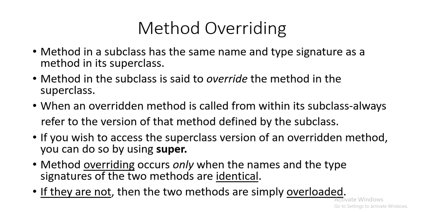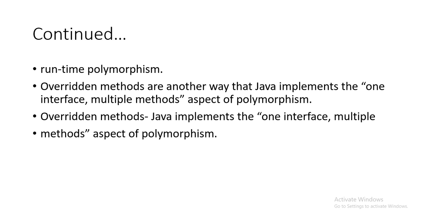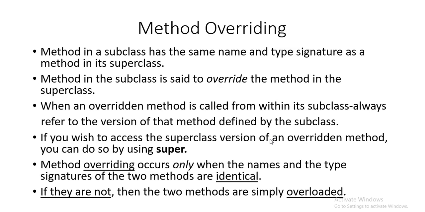What is the use of super? Two uses of the super keyword. Next, the conditions for method overriding, and what is runtime polymorphism. Mention the point: one interface, multiple methods aspect of polymorphism. This much is enough for method overriding.